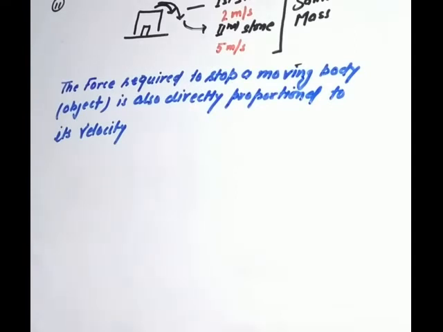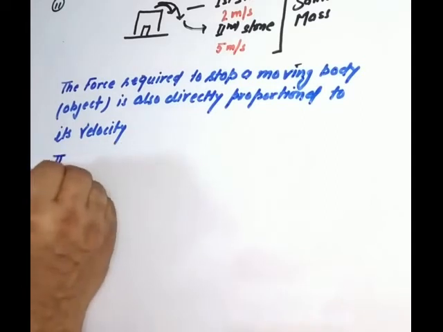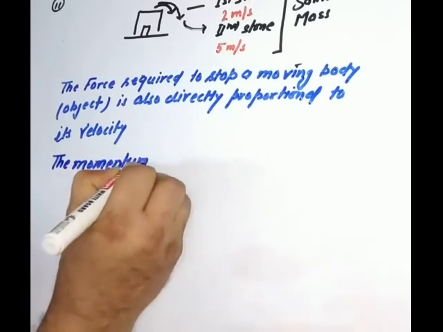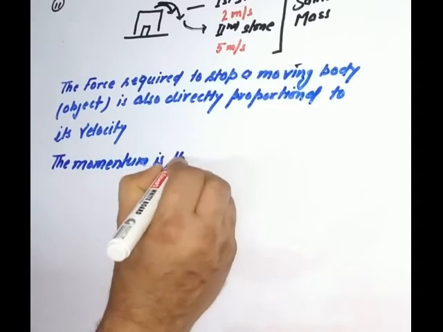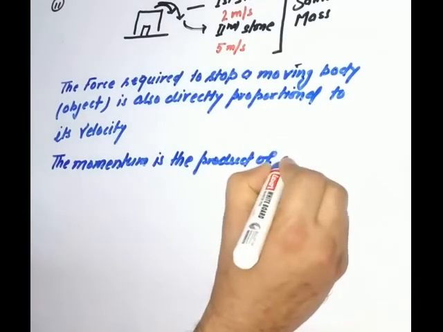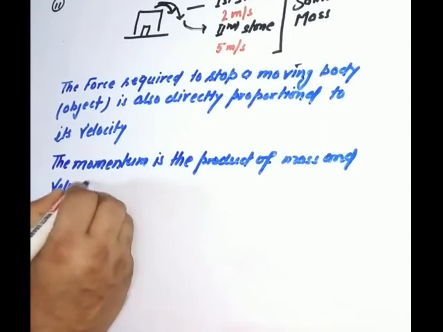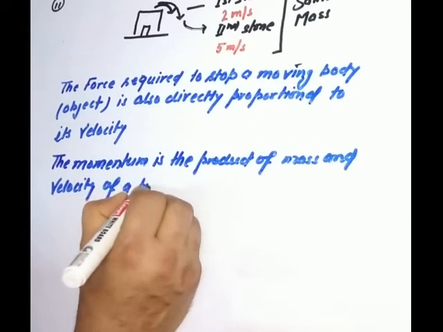From these two cases, we can say that momentum is the product of mass and velocity of a body or object.